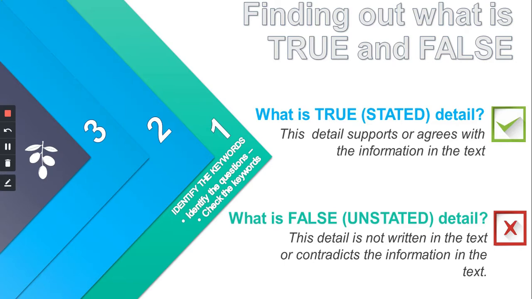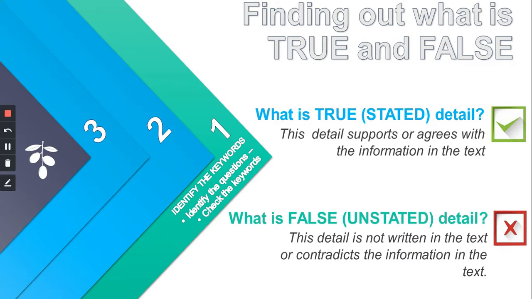identify the keywords. As usual, you need to always start from the questions. Dalam questions, kamu perlu mencari tahu keywordnya itu berkaitan dengan stated detail atau unstated detail. Pertanyaan yang berkaitan dengan stated detail biasanya ditandai dengan kata mention, state, atau concern. For example, what is stated about natural resource management? Atau what is mentioned about natural resource management?